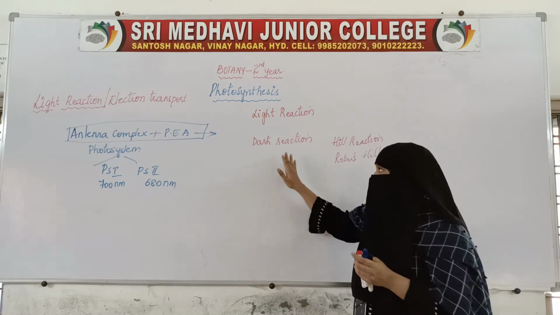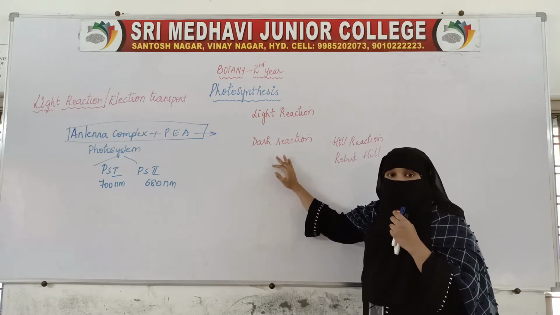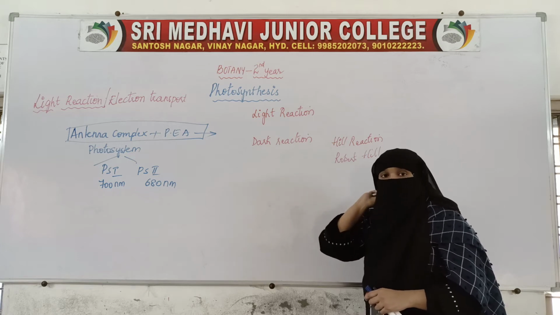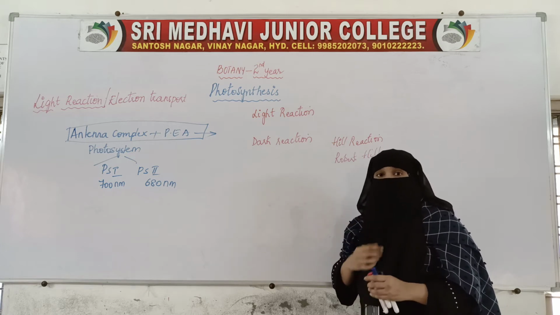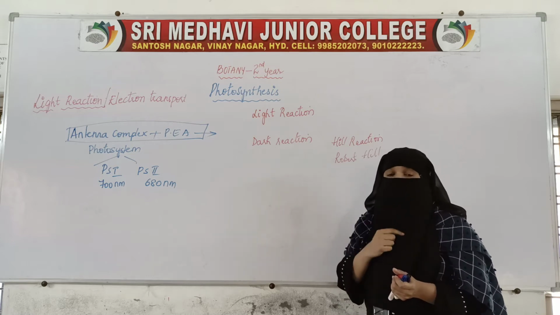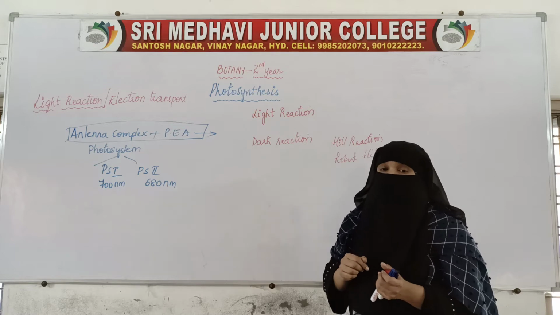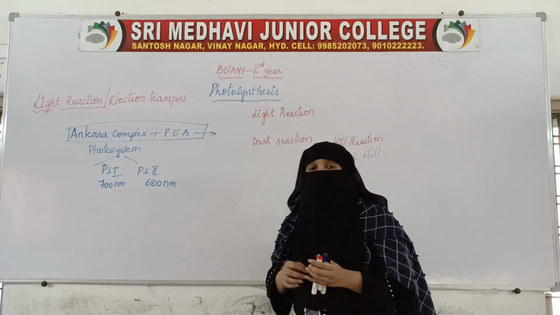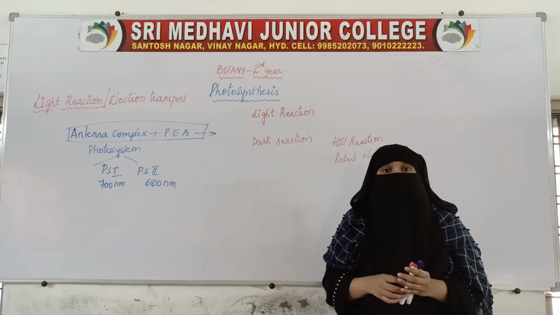The second stage of photosynthesis is called the dark reaction. If the name is dark reaction, that doesn't mean it only takes place in the dark. It means that these reactions are independent of light.